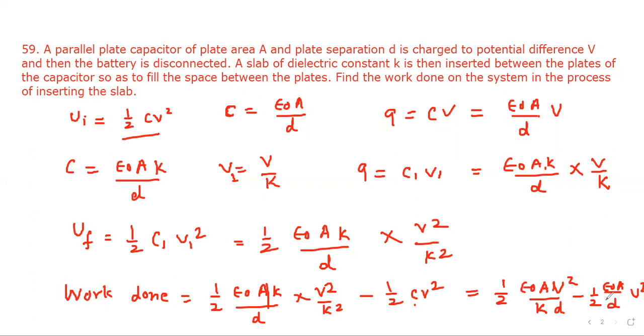Now, if you observe carefully, 1 by 2 epsilon naught A upon D times V square is common. So we write it here for W: 1 by 2 epsilon naught A times V square divided by D, which is common, and then here 1 upon K minus 1. And this is our answer.